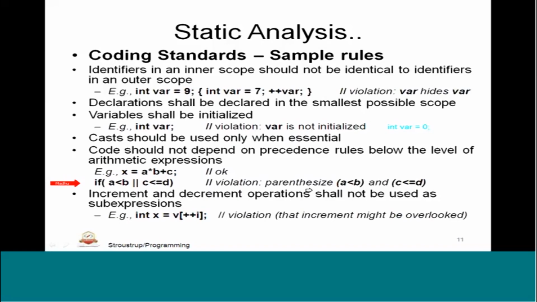You can see parentheses in if a less than b or c less than or equal to d; it is definitely going to violate. So rather than that, it is better to use parentheses for this as well as this. That will avoid the ambiguity.